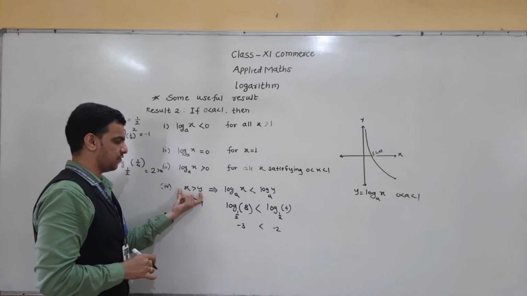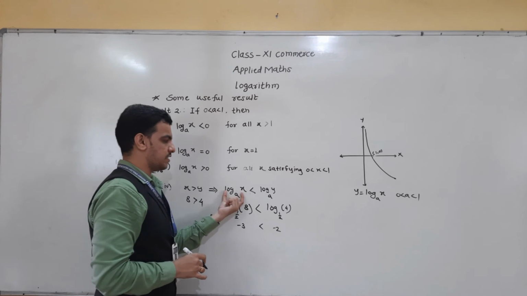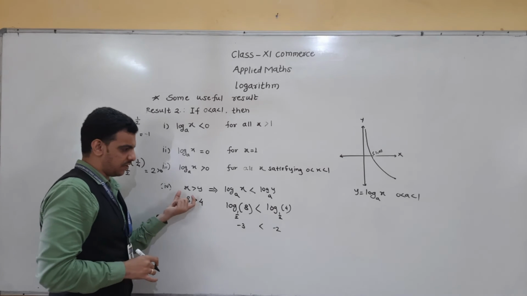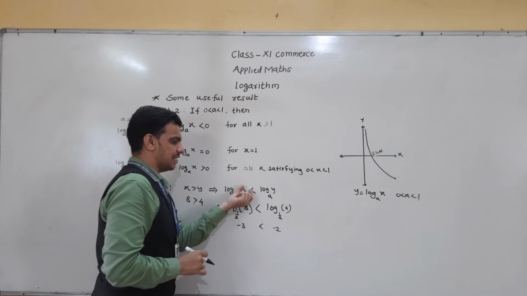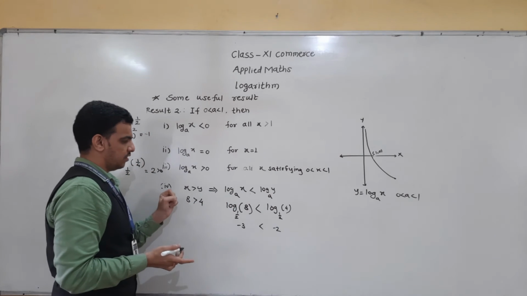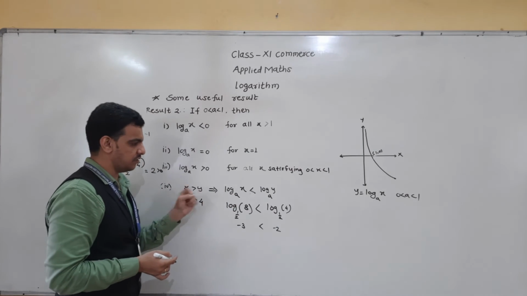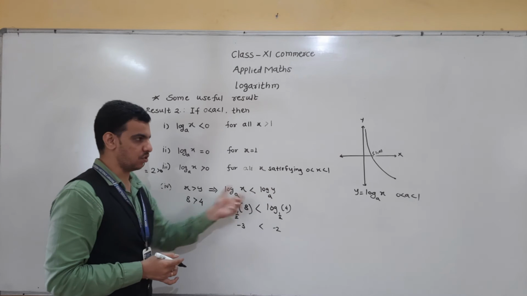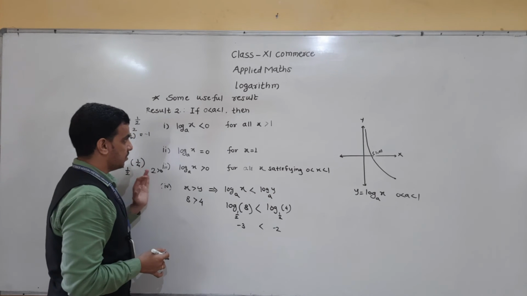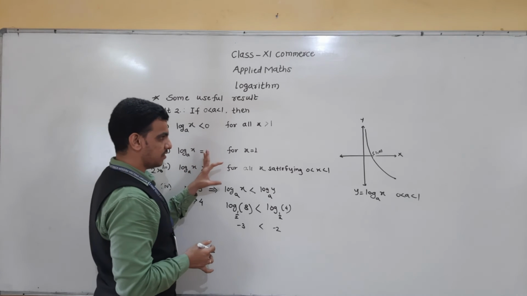If x is greater than y, then log x is less than log y. This is an important property. But when a is greater than 1, then log x is greater than log y. After that we will discuss some more results.